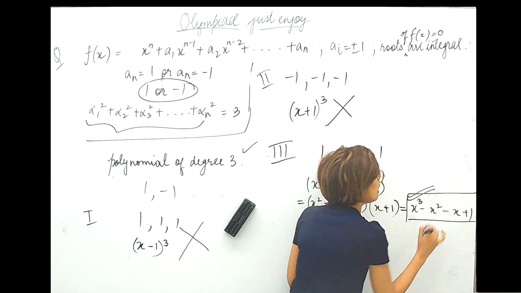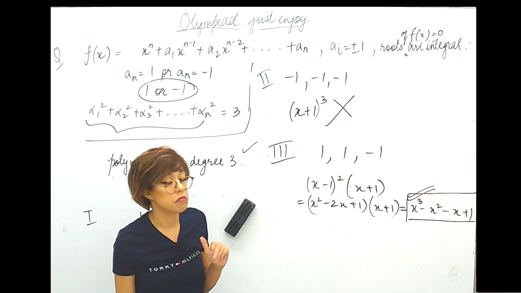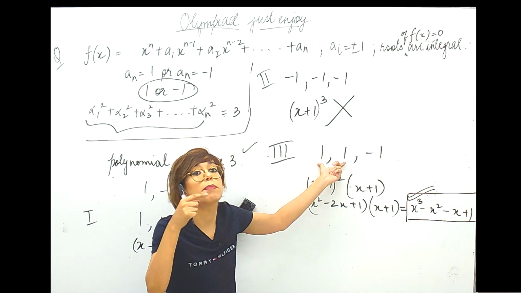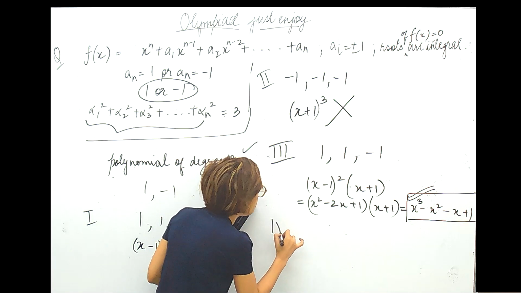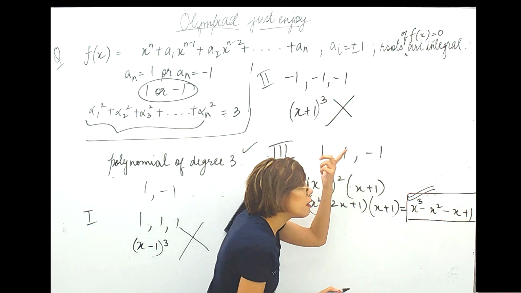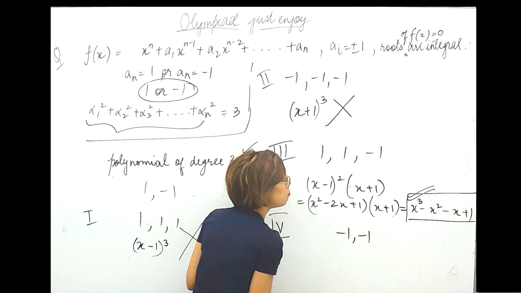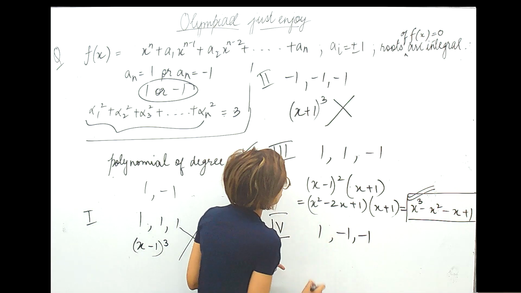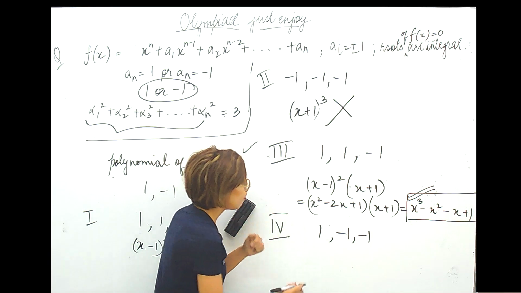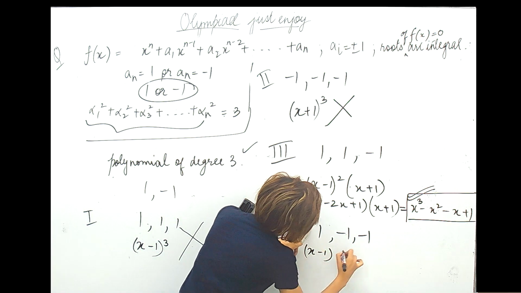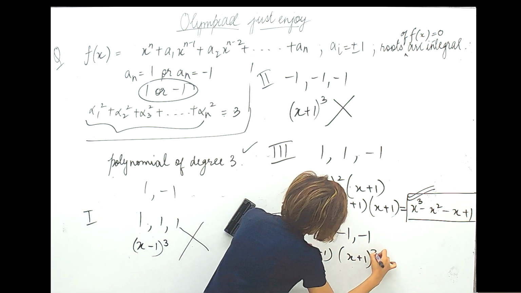We have got one. In fact, more can be found, right? Now, I took the multiplicity of 1 as 2. There might be a case where the multiplicity of -1 is 2, right? And the multiplicity of 1 is 1. Now let's write this polynomial. This is x minus 1 into x plus 1 whole square.